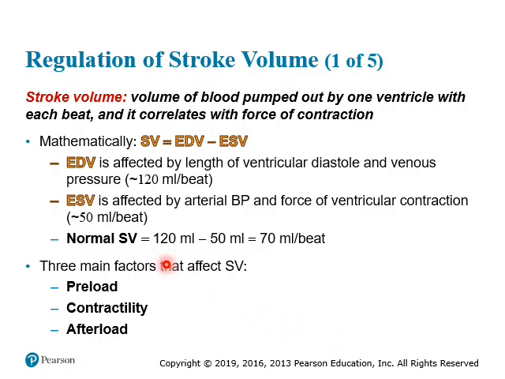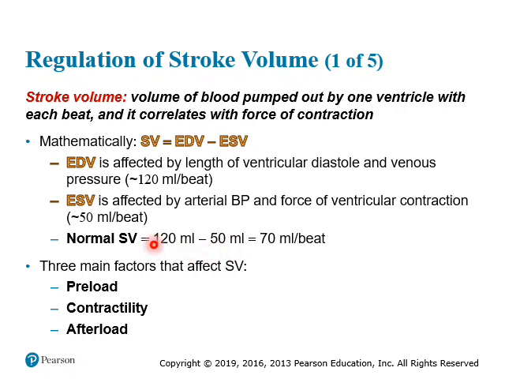If your end diastolic volume is about 120 ml, your ventricles will fill up before they contract at the end of diastole. It's now 120 ml, and then it contracts. The remaining blood that's in there will be your 50 ml, that is your end systolic volume.